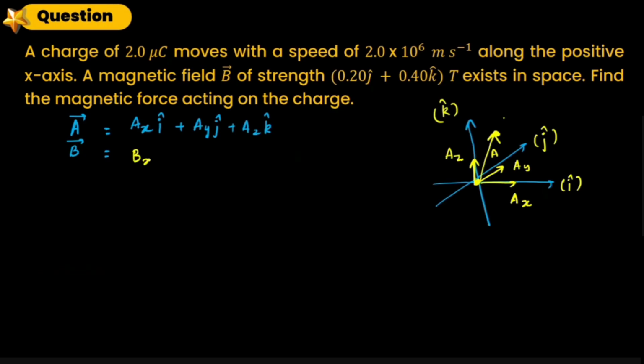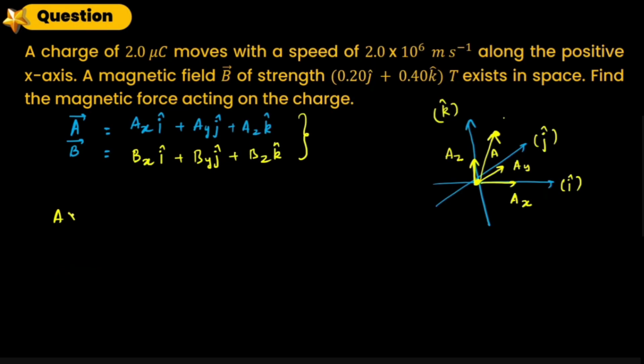Similarly, if we assume that we have another vector, it would be bx i cap plus by j cap plus bz k cap. Again, remember these i, j, k caps are the direction coefficients. They represent what magnitude of the vector exists in the x, y, z axes respectively.